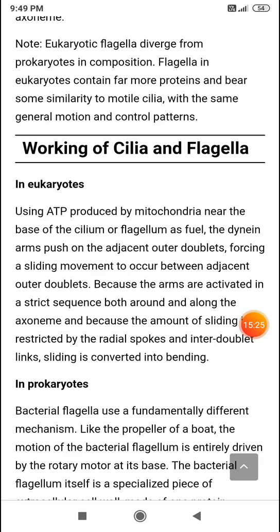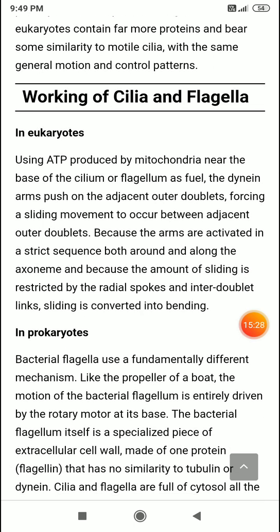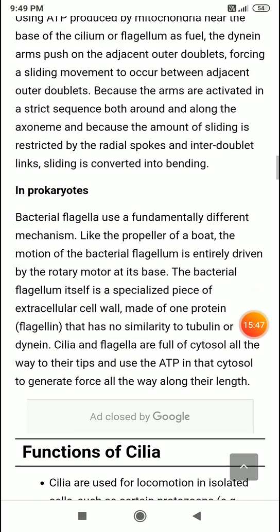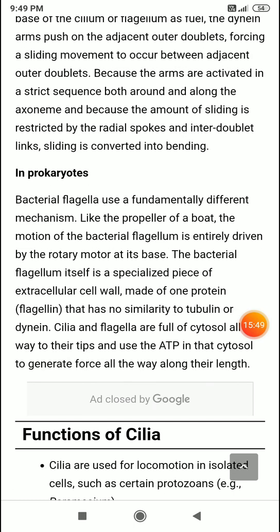In prokaryotes, bacterial flagella use a fundamentally different mechanism, like the propeller of a boat. The motion of a bacterial flagellum is entirely driven by a rotary motor at its base. The bacterial flagellum itself is a specialized piece of extracellular cell wall made up of one protein, flagellin, that has no similarity to tubulin or dynein.